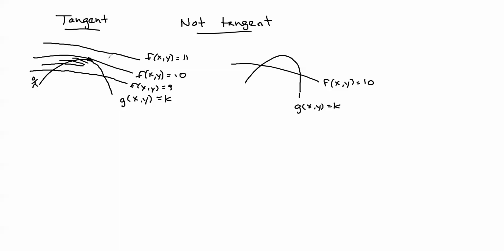I can't draw another curve out here because I'm out of room. Like you just kind of run out of room. So level curves are all parallel to each other the way that I've drawn them, from 9 to 10 to 11. Then the place where they're tangent is the place where you kind of run out of room to draw an additional level curve.